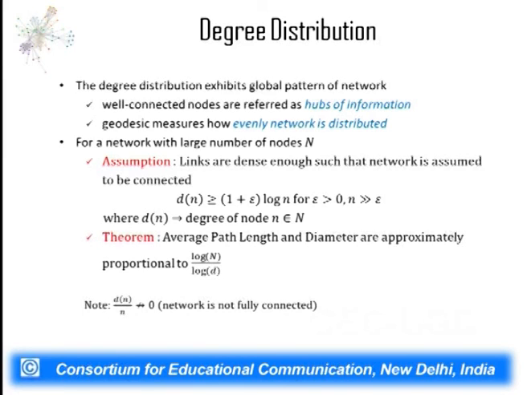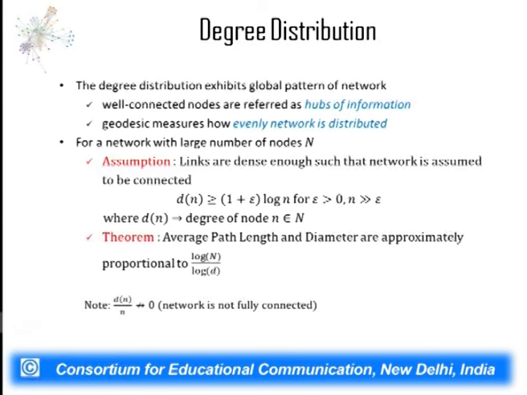It should not be very dense, but it should be dense at least to get it connected, and for that the criterion is the degree of a node is greater than or equal to some constant multiplied by log n. Now, what is this constant, 1 plus epsilon? It shows that this constant is strictly greater than 1, because 1 is already added, and epsilon is a positive value. So this constant is strictly positive.